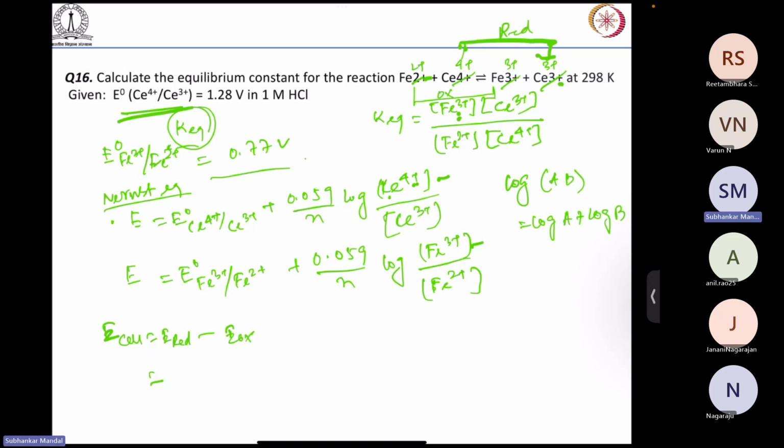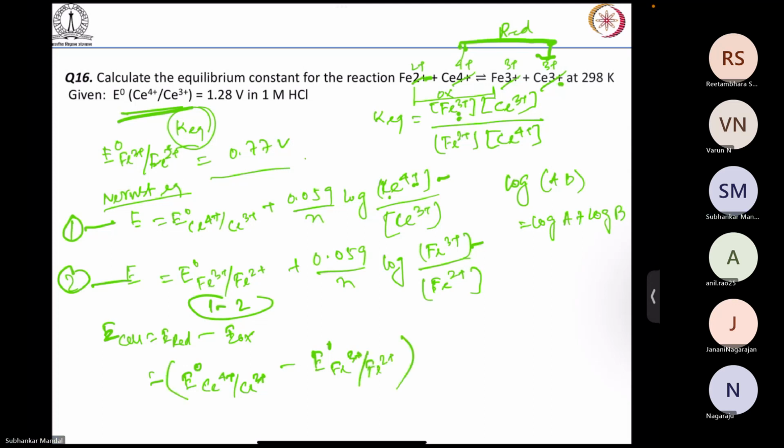That means, if this is 1 and this is 2, you can subtract 1 minus 2. Then this equation will come: E of cerium 4+/cerium 3+ minus E of Fe3+/Fe2+.